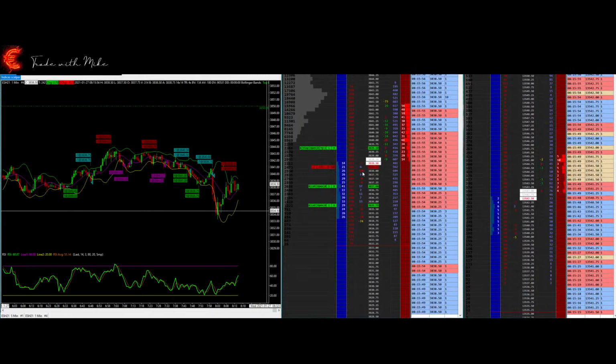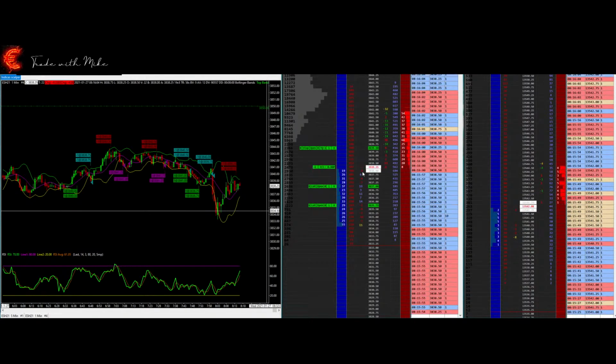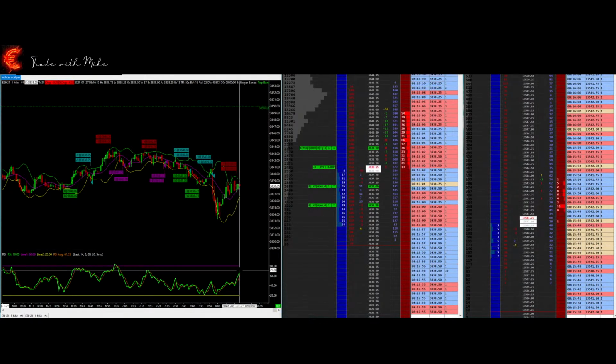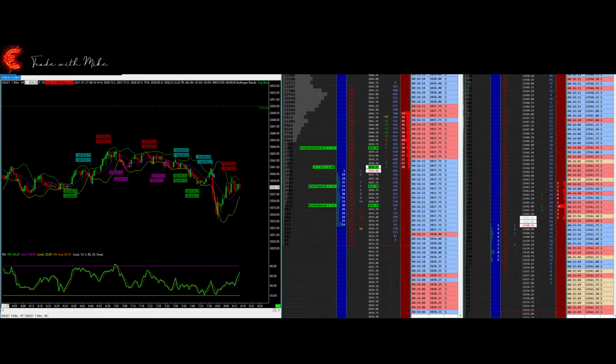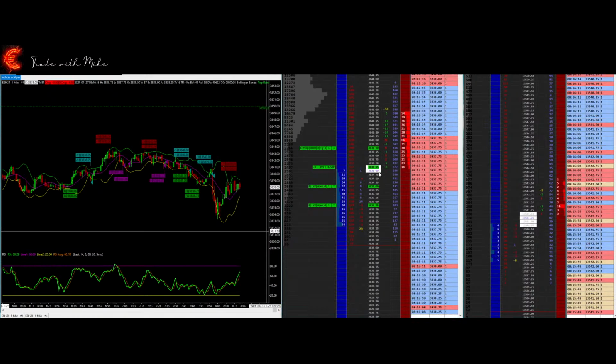Now they're adding minus. Okay. Probably I'll just get stopped out. But they're slowly, look, they're slowly in the overbought area.